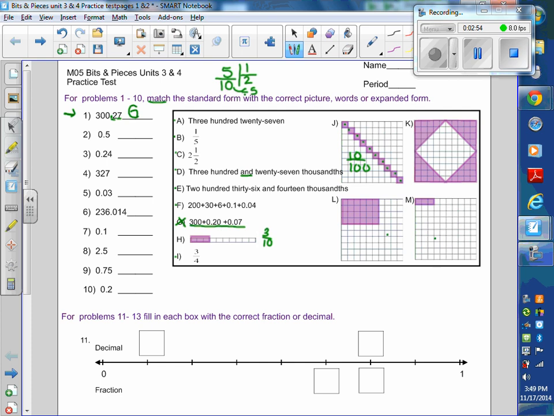These are not 1/2, so it must be K. If you look at K and divide it up a little bit, you can see that exactly half of the triangles are purple and half of the triangles are white, so half of the hundredths plate is shaded. So that's kind of a tricky one. But the correct answer is K.